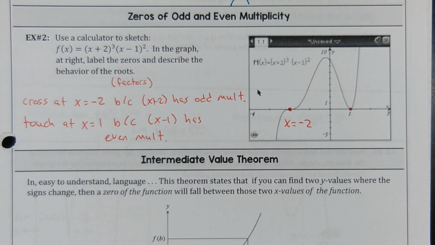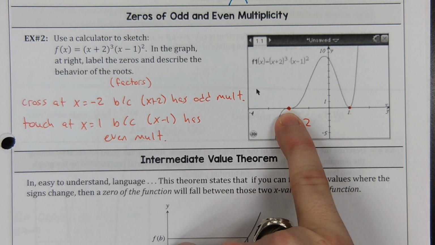It could have had up to how many turning points? 4. How many turning points does this graph have? Some people say 3 and some people say 2. There are only 2 turning points. This is not a turning point. This is an inflection point.